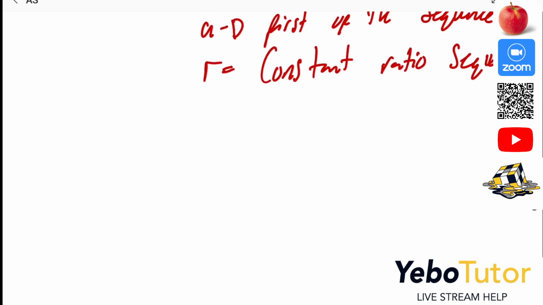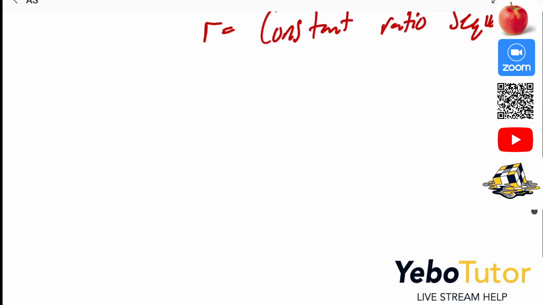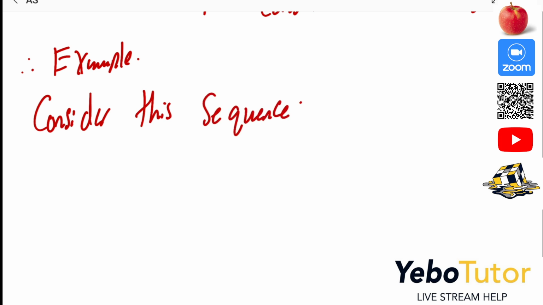Let's make a proper question now, quick and fast, so that we can see if we are able to solve the question fast without problems. Okay, example. Now, let's consider this sequence which I'm going to give you. This sequence is a geometric sequence, of course.